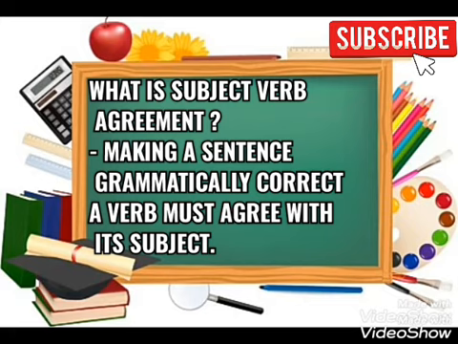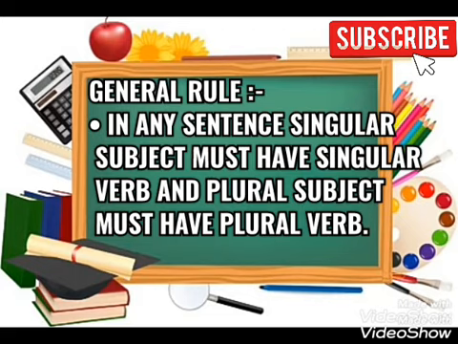What is subject-verb agreement? To make a sentence grammatically correct, a verb must agree with its subject in number. Keep in view these general rules. In any sentence, a singular subject must have a singular verb and a plural subject must have a plural verb.